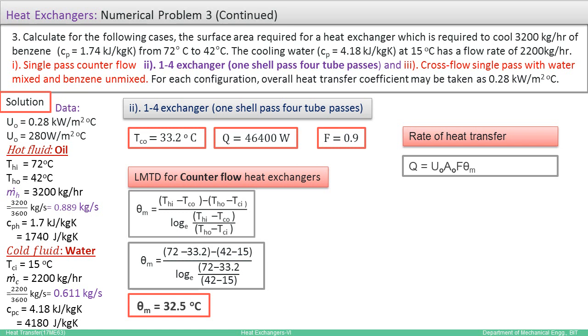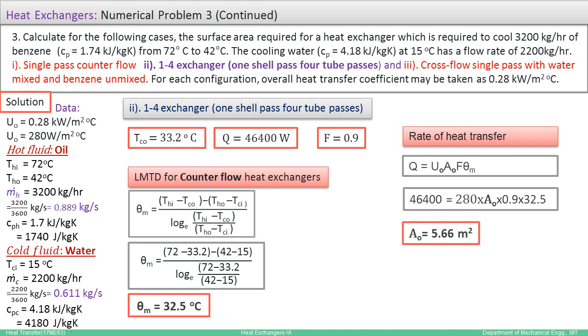So the only unknown in this equation is A naught, because Q is known, U naught is given, F is just found out, and theta m is calculated as 32.5. Now we can find out for this problem, that is the 1-4 heat exchanger, A naught is equal to 5.66 meter square.